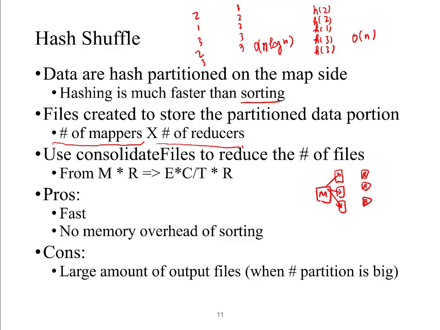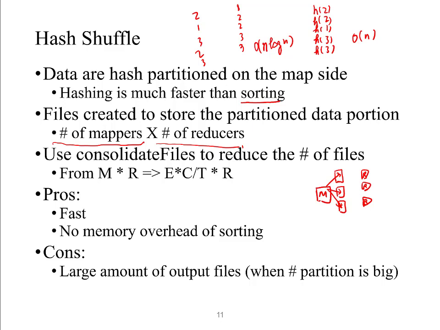So in order to overcome this, we use consolidated files to reduce this total number of files. So instead of creating a new file for each of the reducers, it creates a pool of output files.